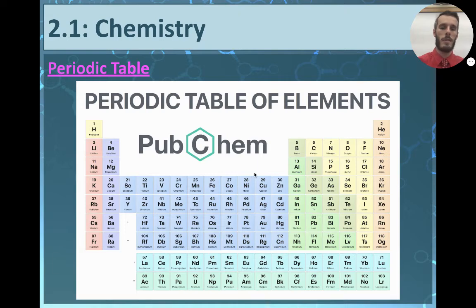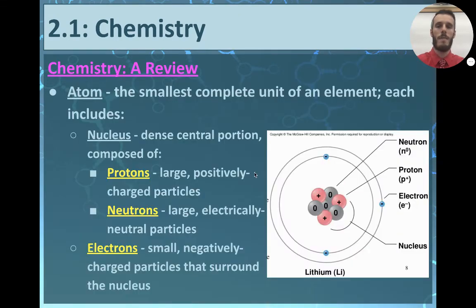Okay, so here's a nice bigger picture that you can feel free to print out. Our atom is the smallest complete unit of an element, as we learned about in the organization of the human body back in chapter 1. An atom includes the nucleus, which has protons and neutrons, as well as an electron cloud around it.